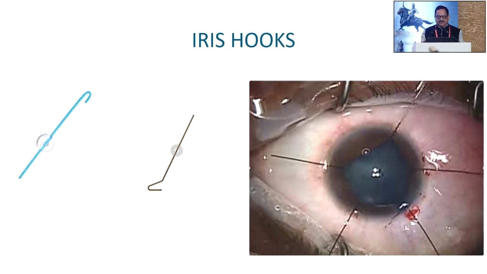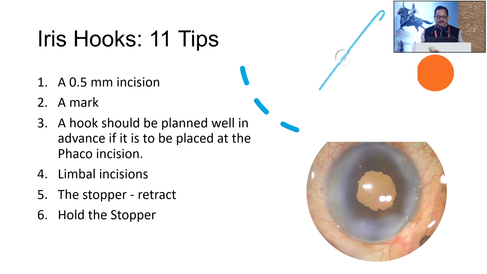So what about iris hooks? These are the first thing we started using. For beginners, the iris hook is a much easier technique than going to the other pupillary devices. The tips for using the iris hook: make a 0.5 millimeter incision.